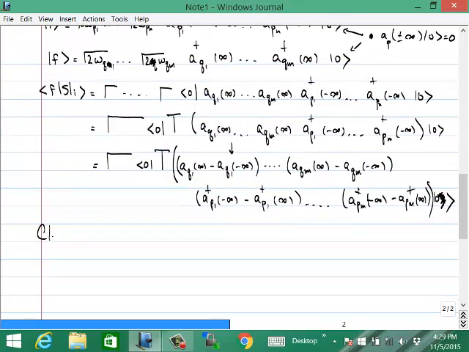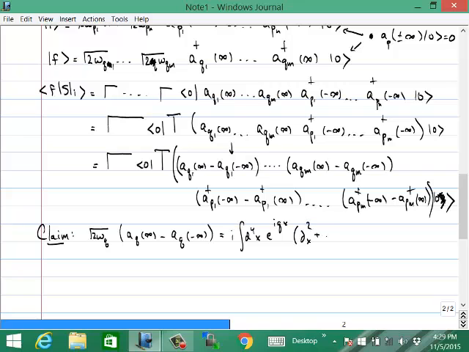In particular, the claim that I would like to make is that, as an operator, the difference between one of these lowering operators at future infinity and past infinity is actually just given by a very particular integral of our field operator.